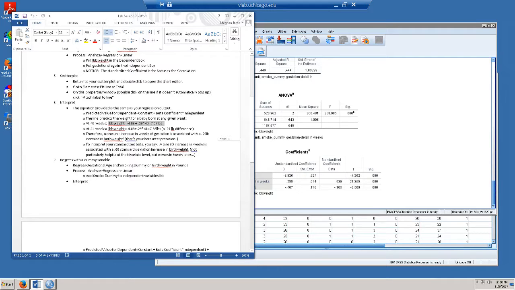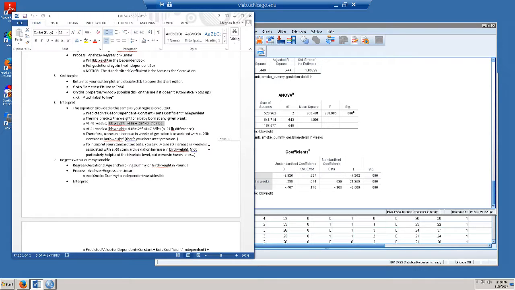The interpretation for the standardized beta is what you did more in the in-class lab: a 1 standard deviation increase in weeks is associated with a 0.68 standard deviation increase in birth weight. When you're just looking at two variables, that doesn't really mean anything to me.